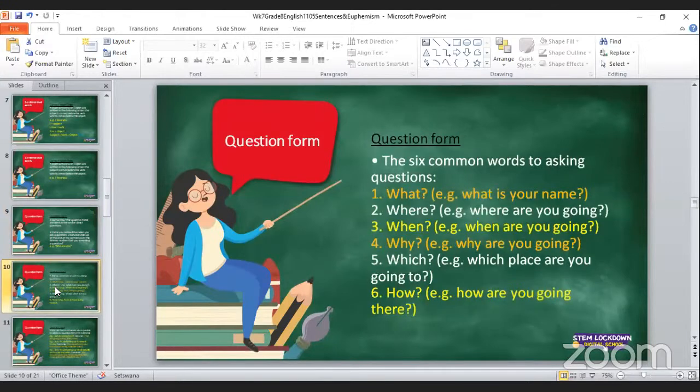So I think you may remember that there are six words we use when we ask questions. That is the reason why I'm saying that everything you need to know, every answer you want, starts with a question. If you meet somebody and you want to know their name, how would you know it? Chances are we are not mind readers.